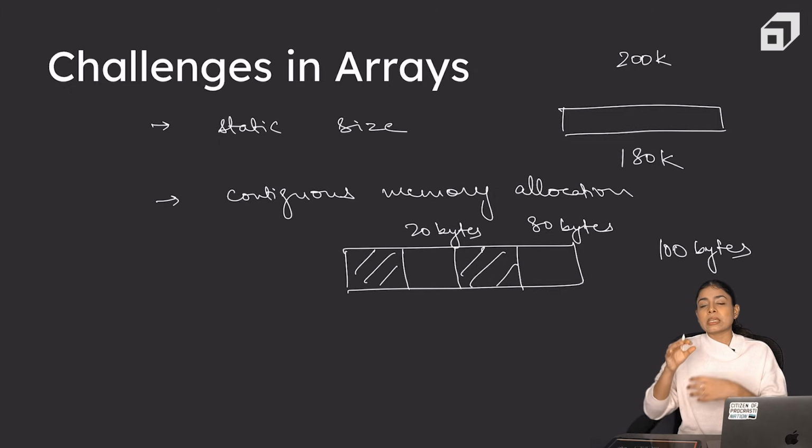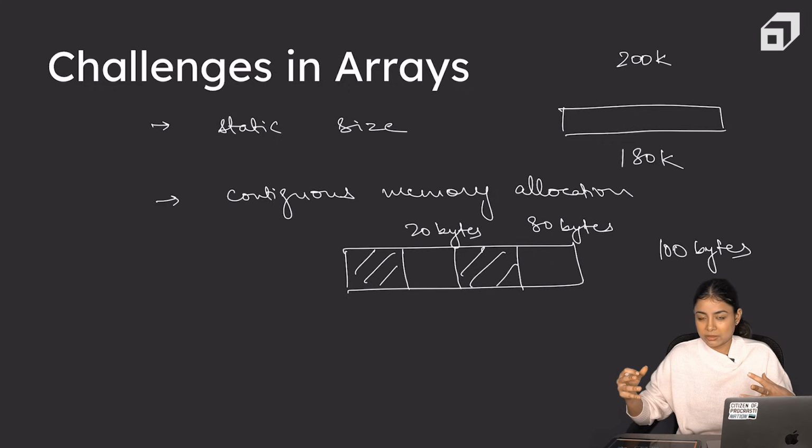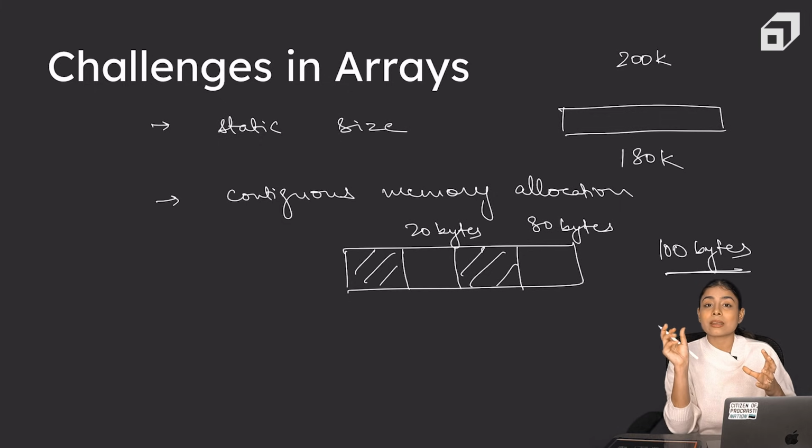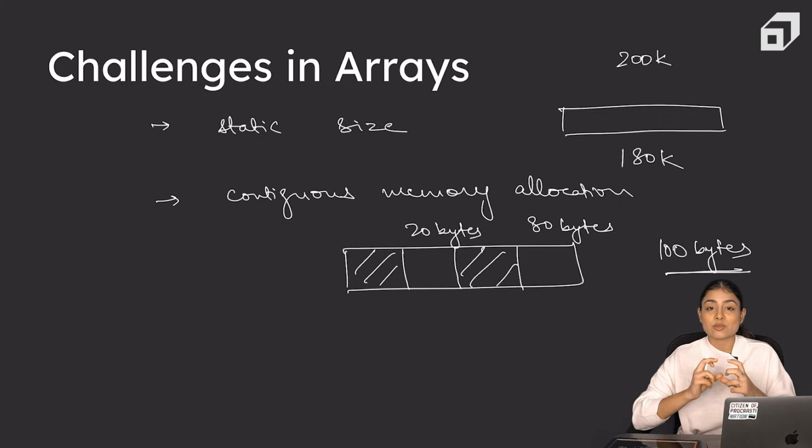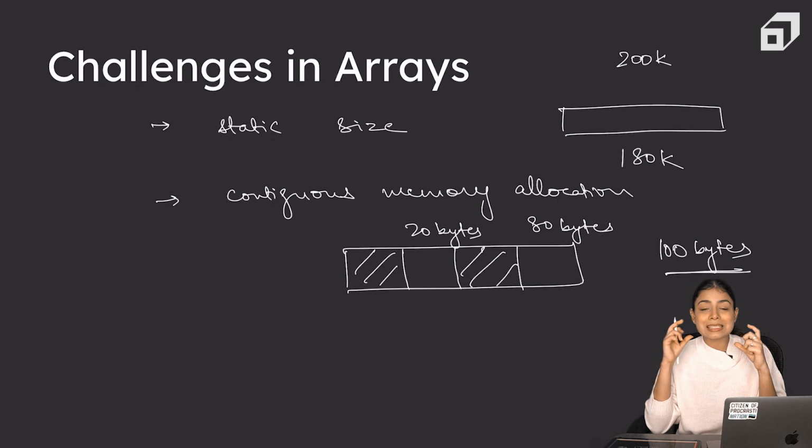So now you see I do have the amount of memory that I need to create my array, right? I do have 100 bytes of memory that is free. But can I create an array here? No, because the 100 bytes of memory that I need for my array has to be present in a contiguous manner. It has to be present as a block, as a single block of memory.